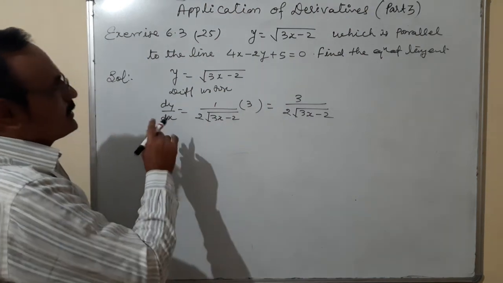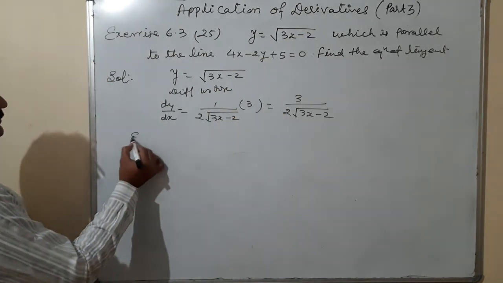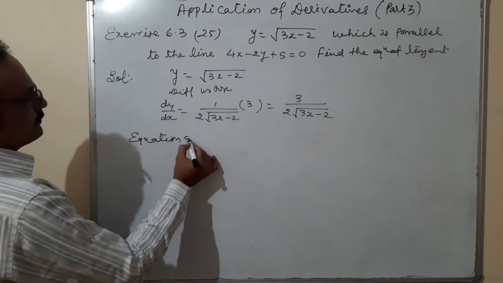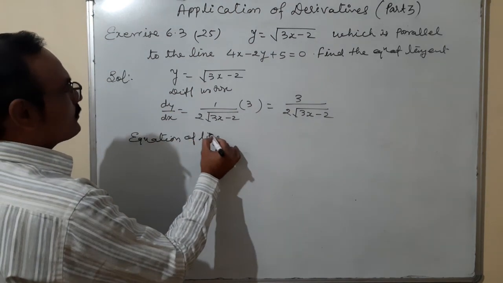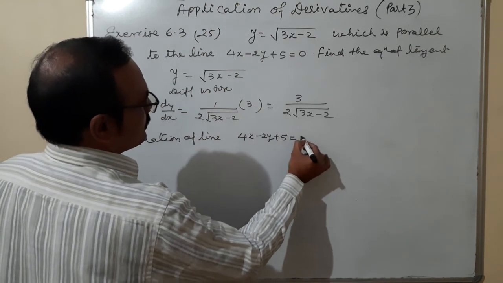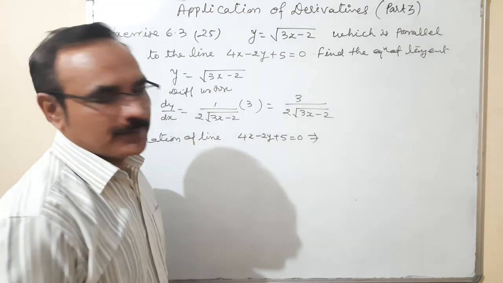And the condition is a tangent which is parallel to this line. Equation of line 4x minus 2y plus 5 is equal to 0. This line I want to convert into the form of y is equal to mx plus c. Okay.